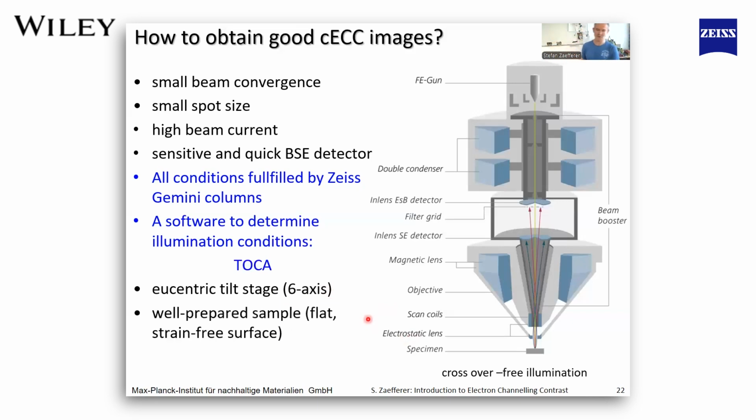And then, very important and not the topic of this lecture now, you need very well-prepared samples. They must be flat and strain-free at the surface, which is particularly difficult because we are looking only at the first maximum 100 nanometers of material, and there you don't want any scratches or anything from surface preparation.